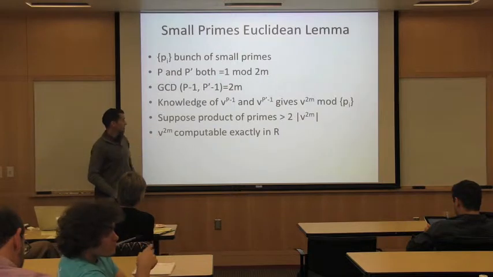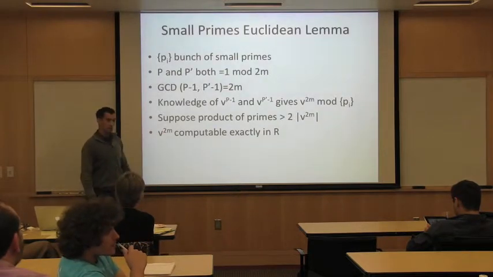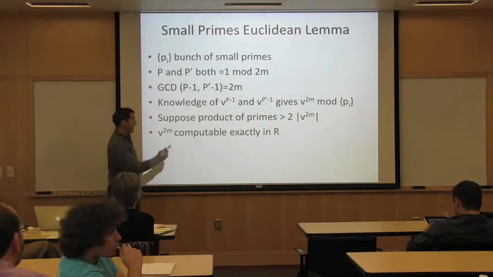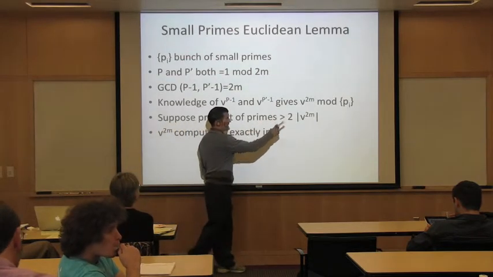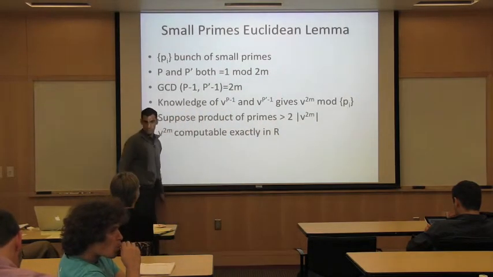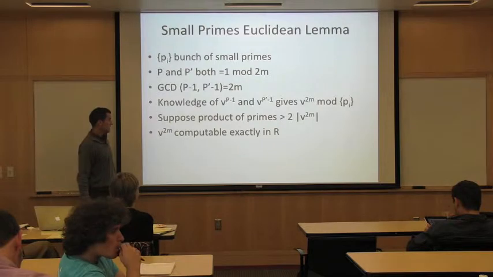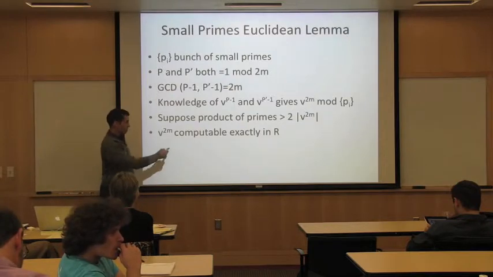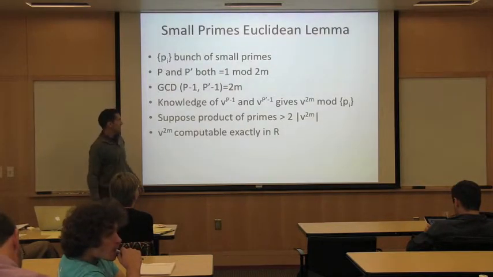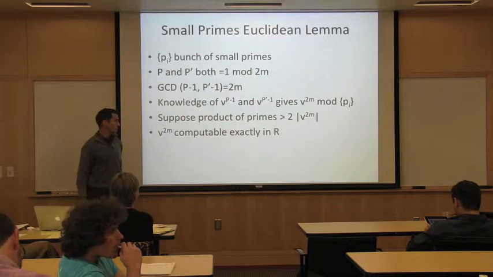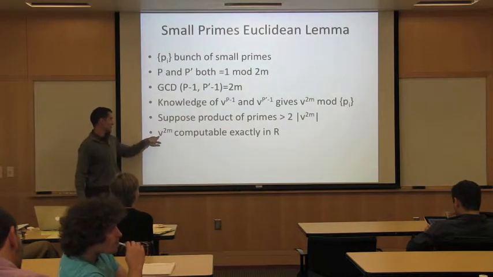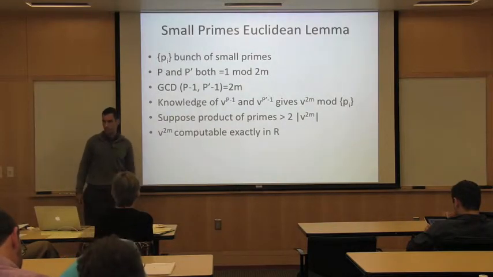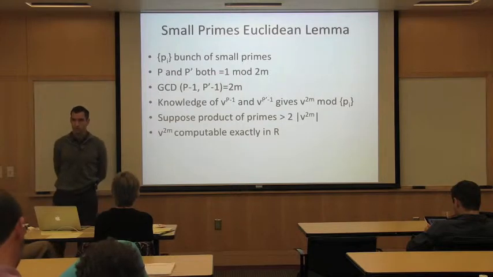And you can use the Euclidean algorithm in the exponent, as Craig said in the morning, to calculate v to the 2m mod that small prime. Okay? And then if you've got enough of those small primes such that the product is larger than the element v to the 2m, then you can actually get v to the 2m by using some Chinese remainder theorem variant.